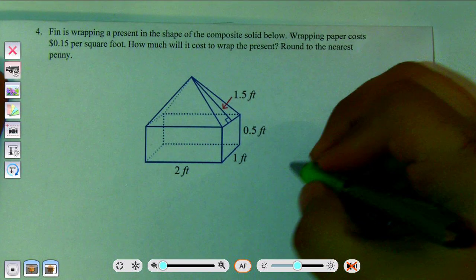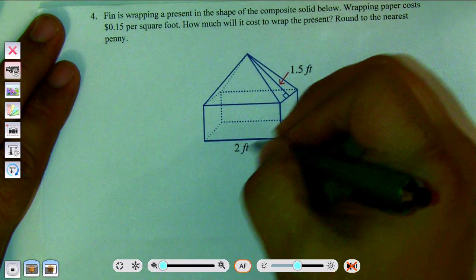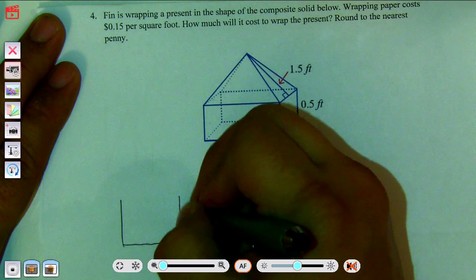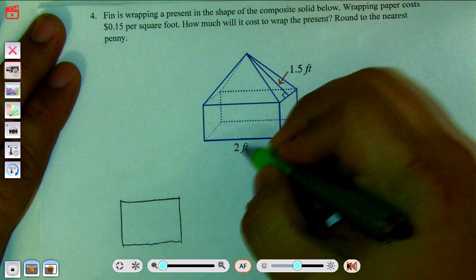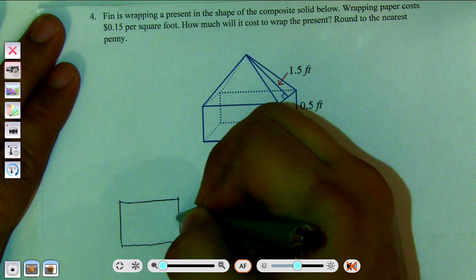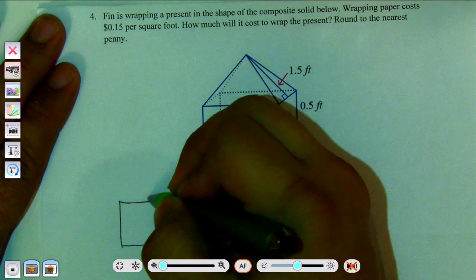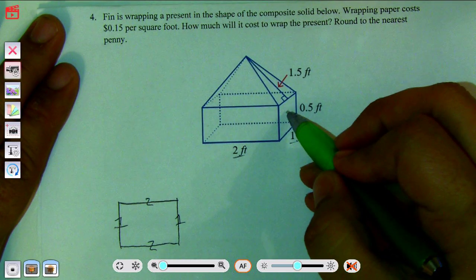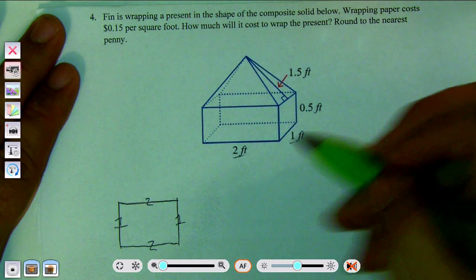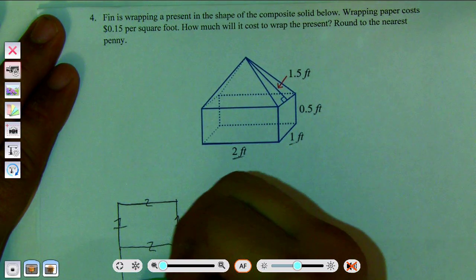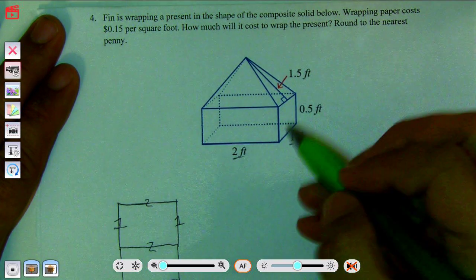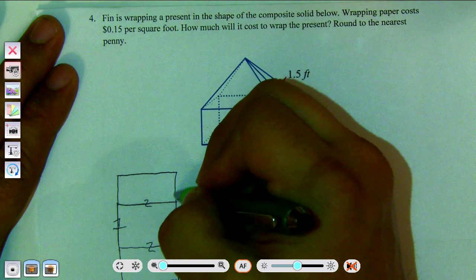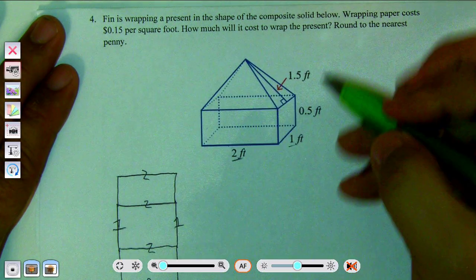When I unfold it into my net, we're going to have the rectangle at the bottom, which is 2 by 1. We've got the front and the back rectangle. So those are 2's.